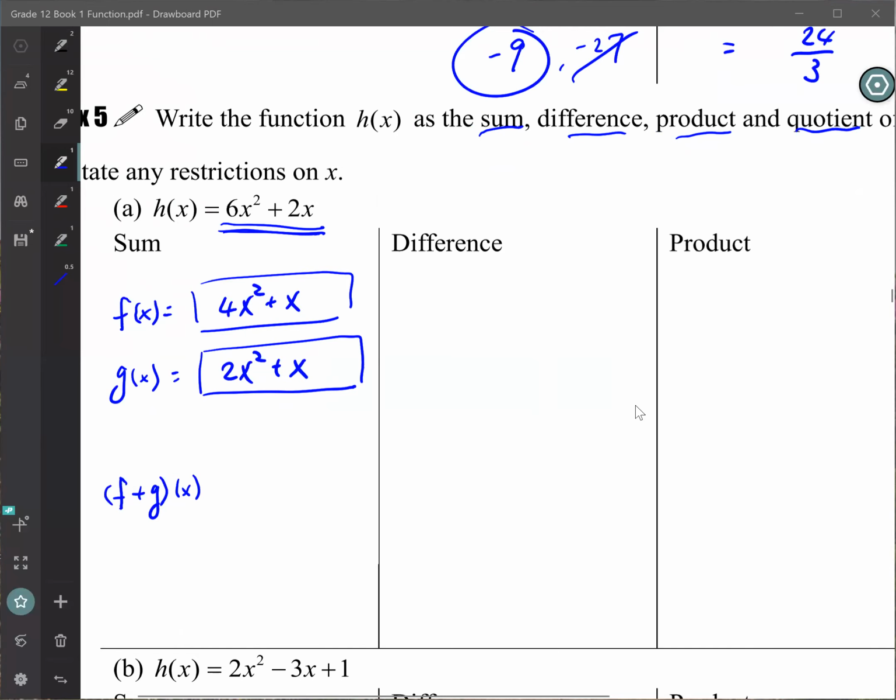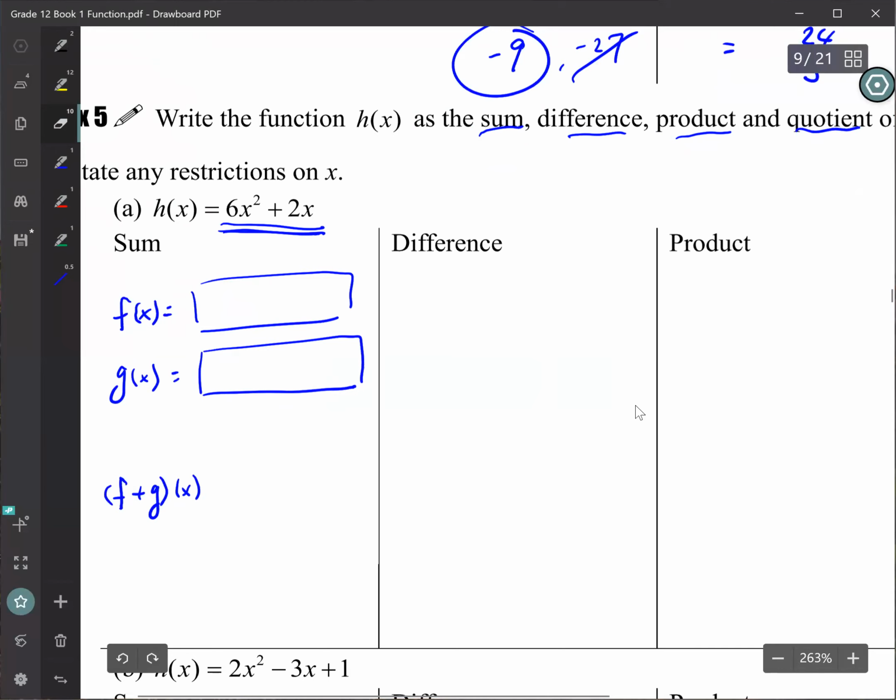So let's try another one, just to make sure everyone gets it. That was an example. Catherine, can you also give me two functions? Make up some numbers. 5x squared plus x.